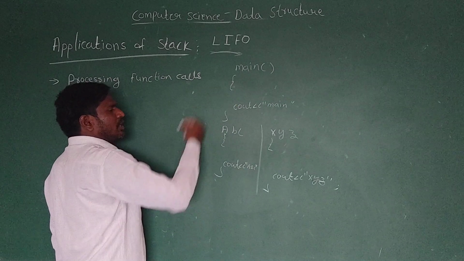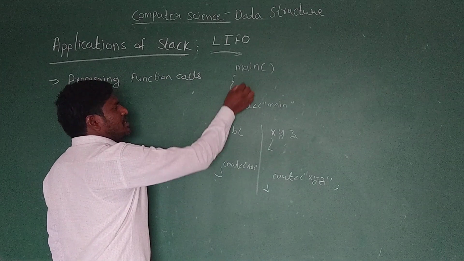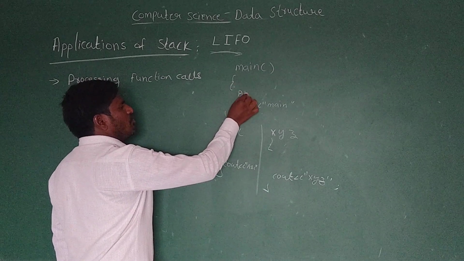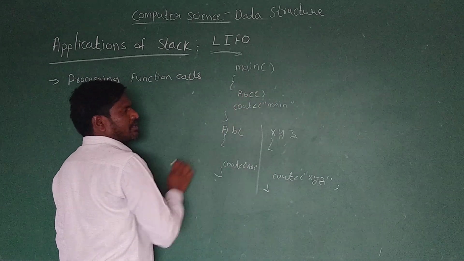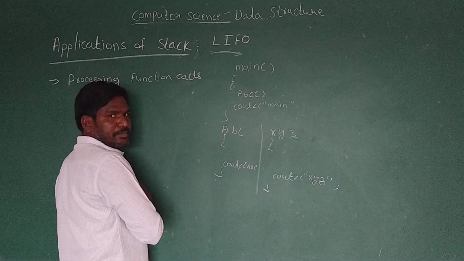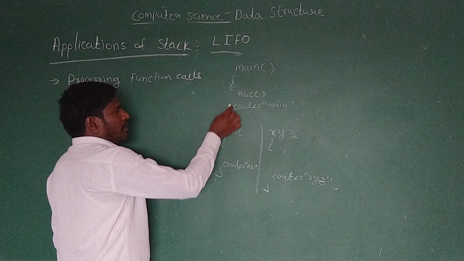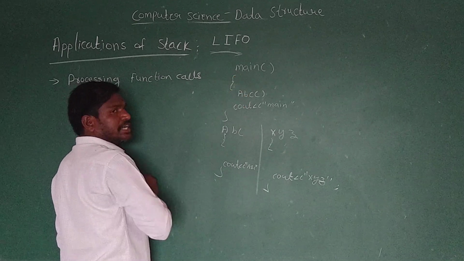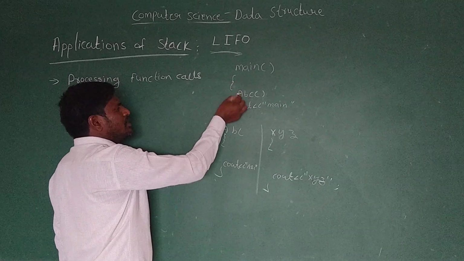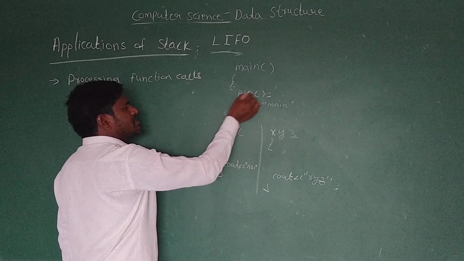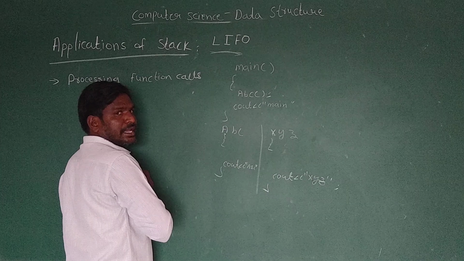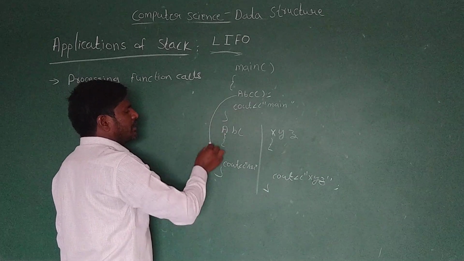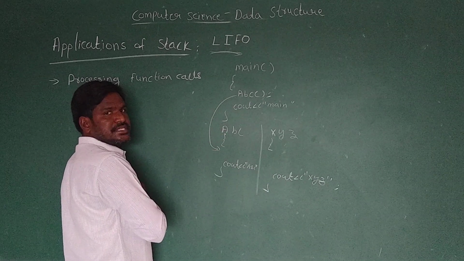So for example, this is one single program. Within the main function, I invoked the ABC function before the cout statement. Whenever I execute a program, first the main function is invoked. Within the main function, there is a function calling statement ABC. Automatically, the call jumps to ABC.